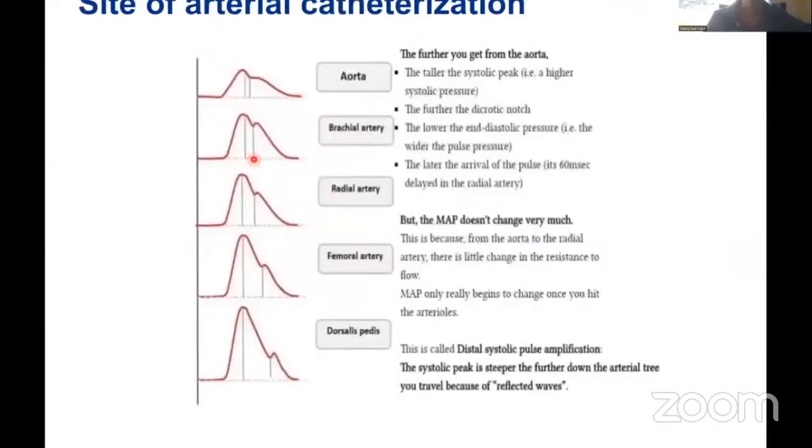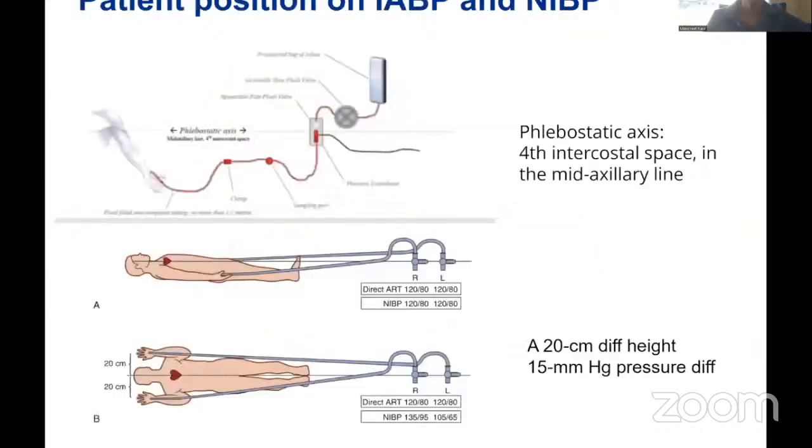As you go further away from the aorta, you will find that the systolic peak becomes taller and the dicrotic notch starts shifting. For example, in the dorsalis pedis, the systolic is very high, whereas there is a shifting of the dicrotic notch.